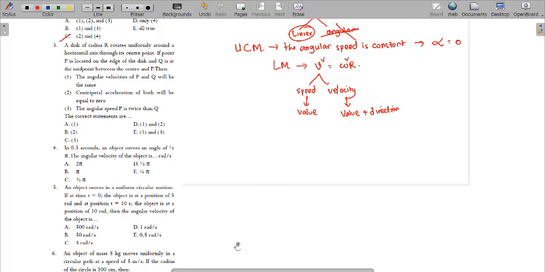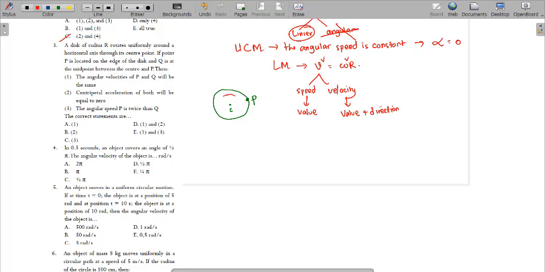Next, number 3. A disk of radius r rotates uniformly around a horizontal axis through its center. If point P is located on the edge of the disk, for example, I have a disk right now, and this is P, and Q is the midpoint between the center and P. So Q is the midpoint, in the middle, okay?